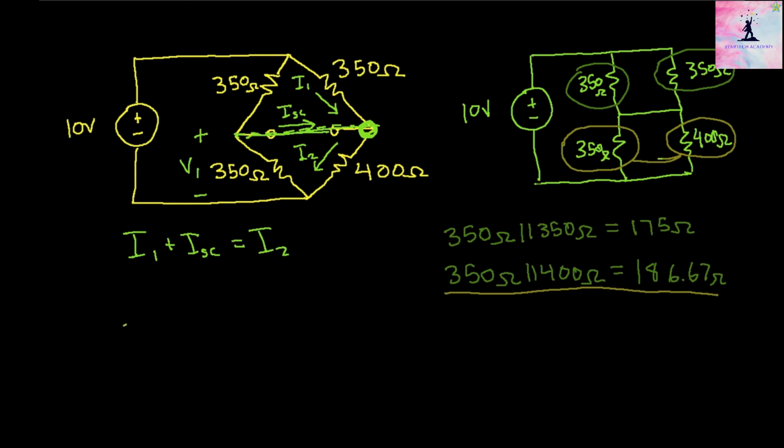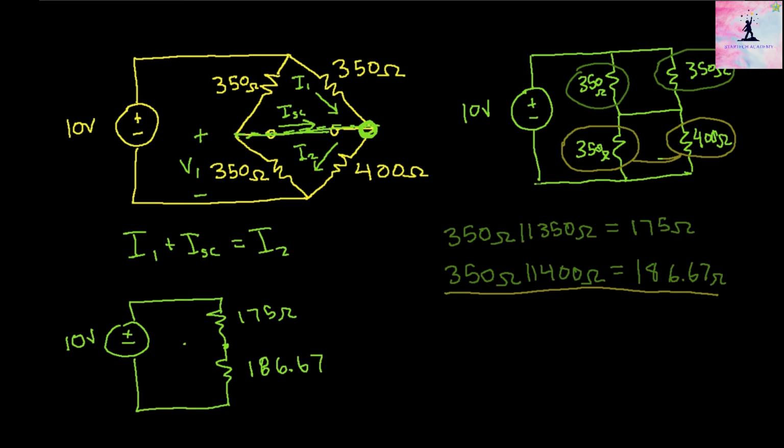I have 10 volts, 175 ohms, and 186.67 ohms. Now I need to find this voltage, which I've called V1.